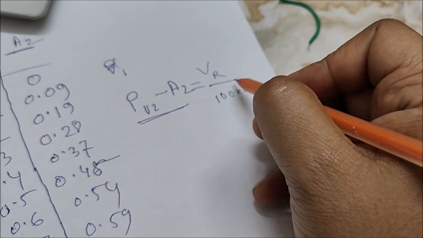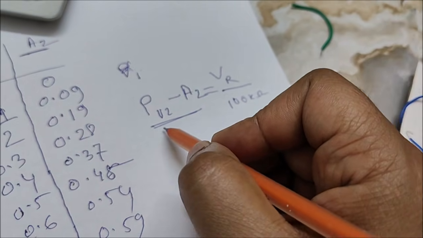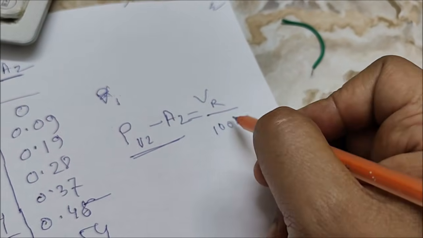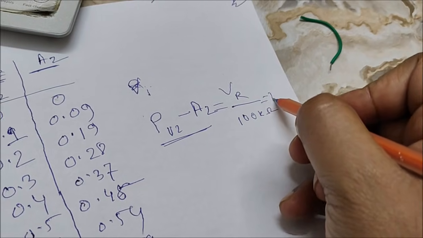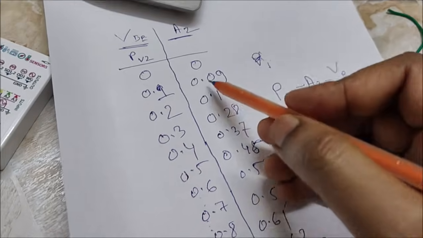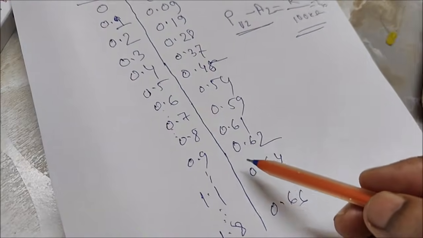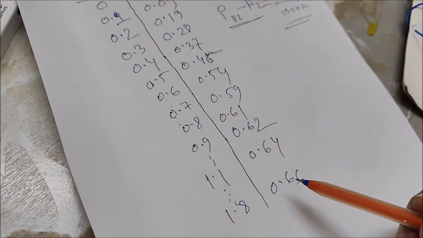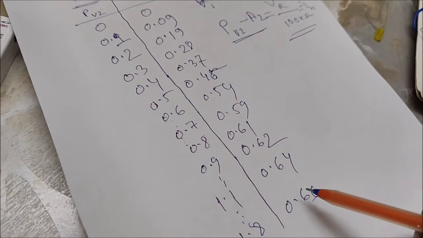If we put these values, we'll get the current. This will be the current across the base, that is IB. So you'll get the current IB for all these values. You do it in Excel so that you can easily calculate this current.